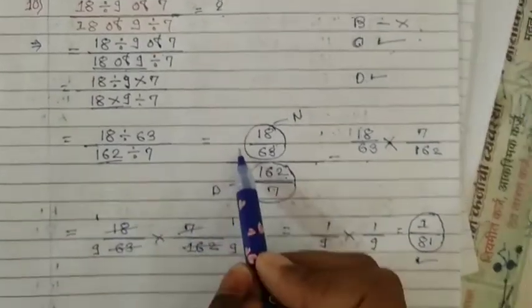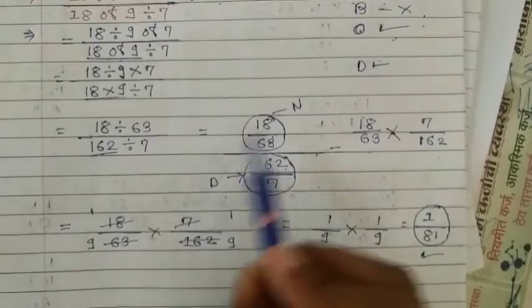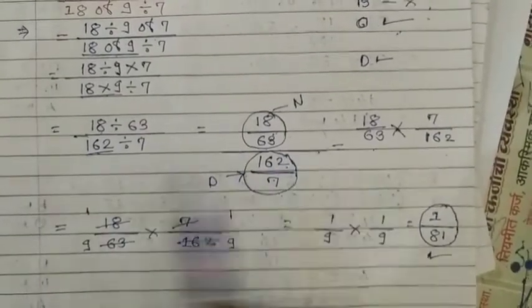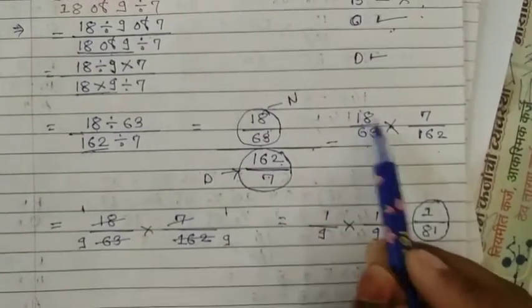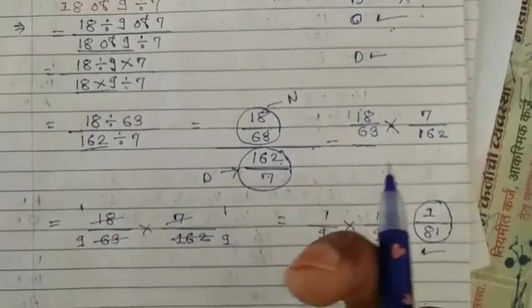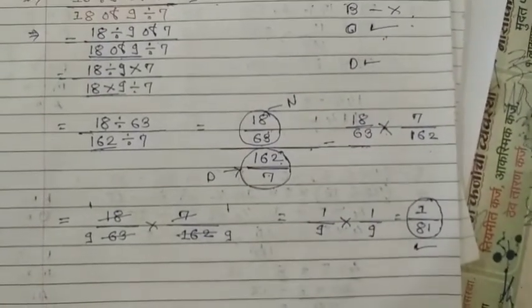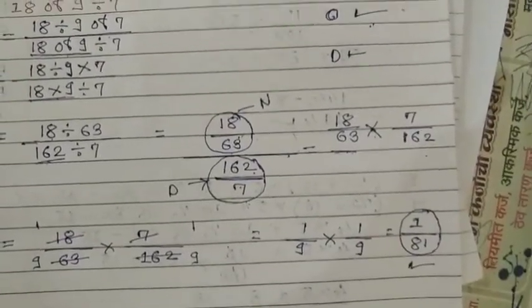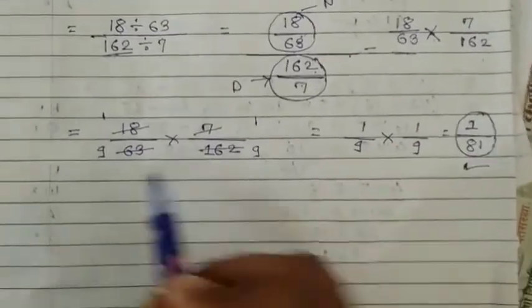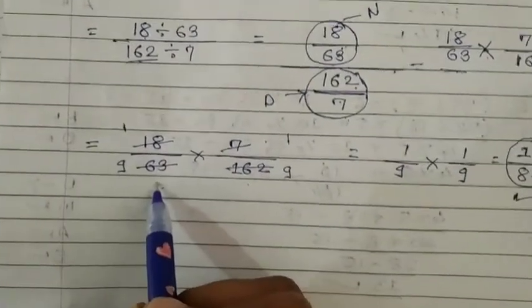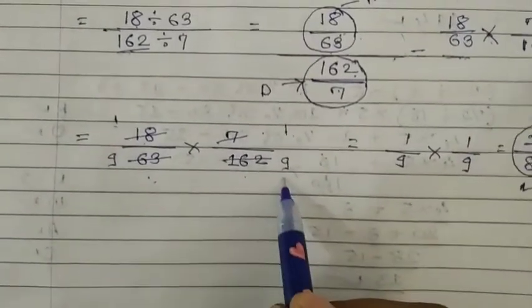So we can write it in this form: 18 divided by 63, okay, then divide 162 divided by 7. 18 by 63, numerator term as it is, divide is converted into multiplication, and the denominator when we move to the numerator side becomes a reciprocal, 7 by 162. So 18 by 63 times 7 by 162, 7 ones are 7, 7 nines are 63, 18 ones are 18, 18 nines are 162.